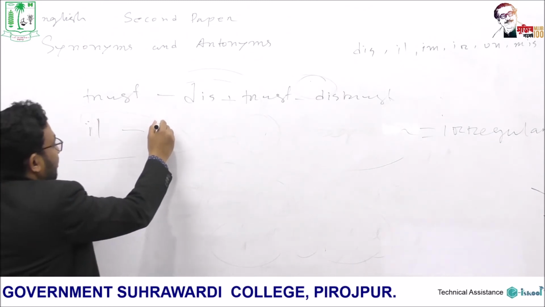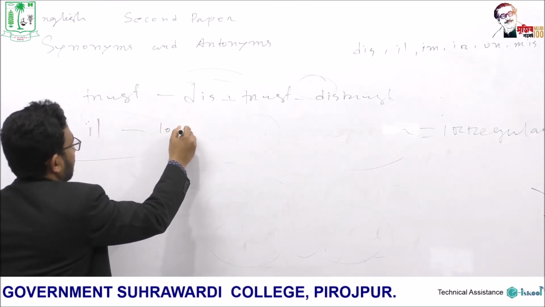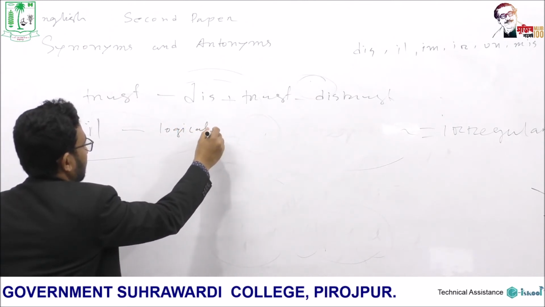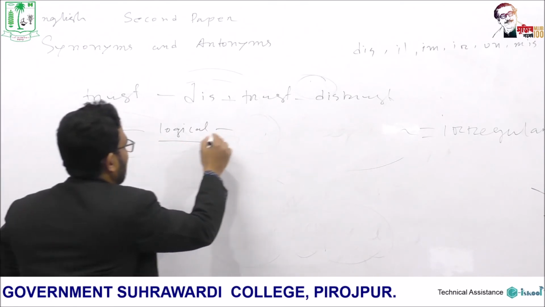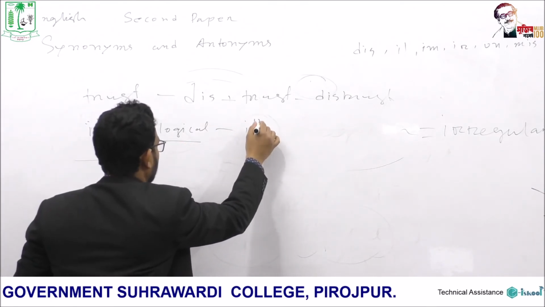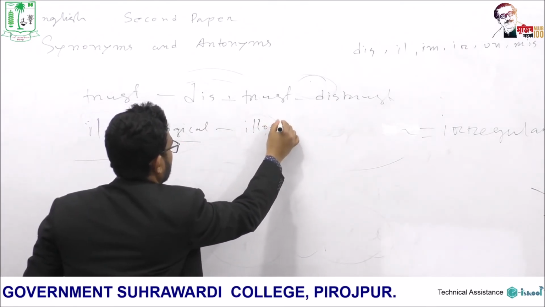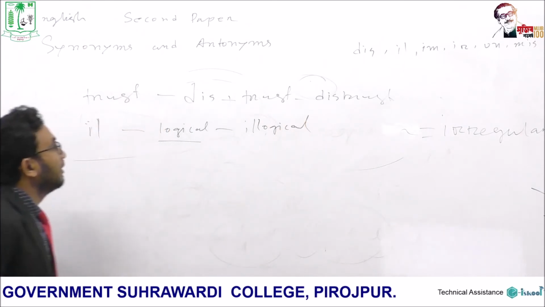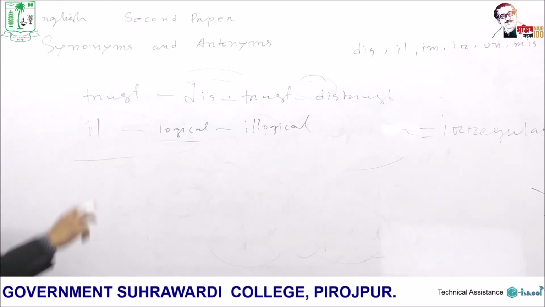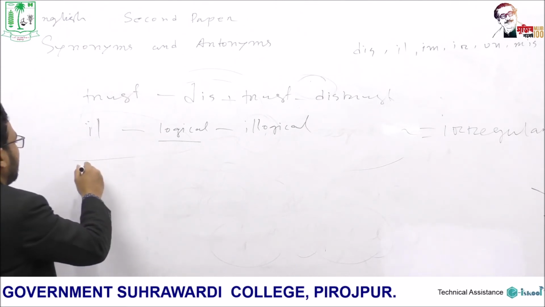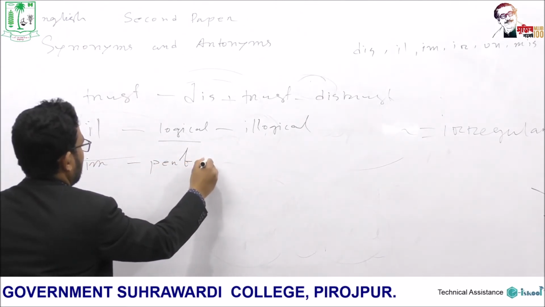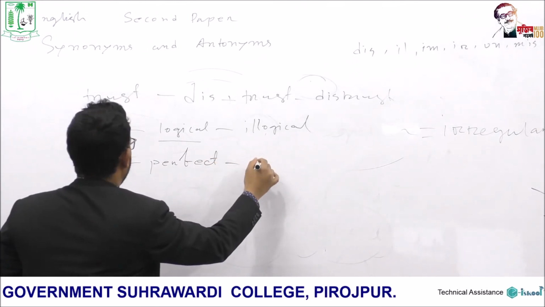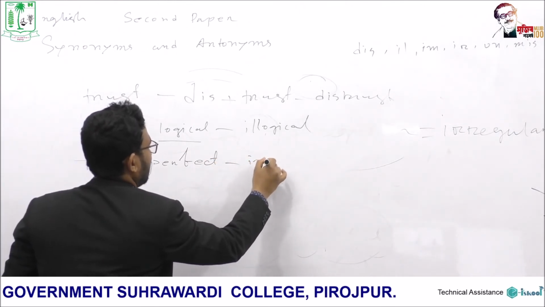The main word is logical. And now il creates the antonym of logical: illogical. I have already mentioned im, perfect. Im creates the antonym of perfect, which is imperfect.